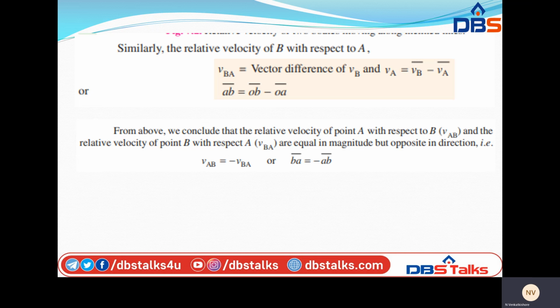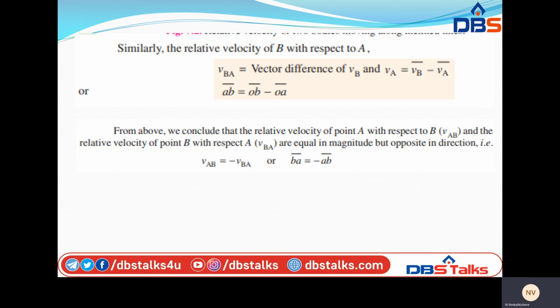So from the above, we conclude that the relative velocity of point A with respect to B, that is VAB, and the relative velocity of B with respect to A, that is VBA, are equal in magnitude but opposite in direction.